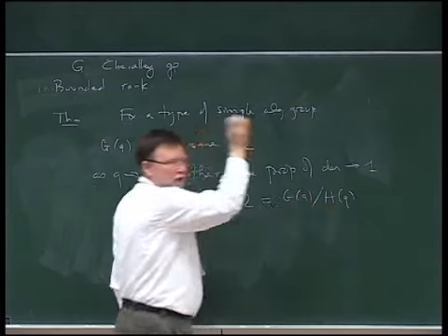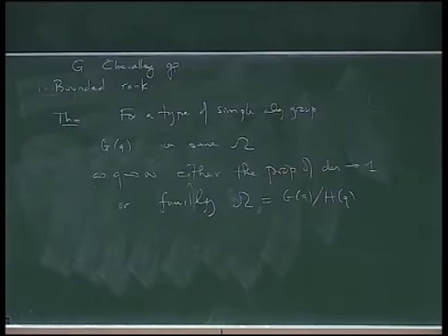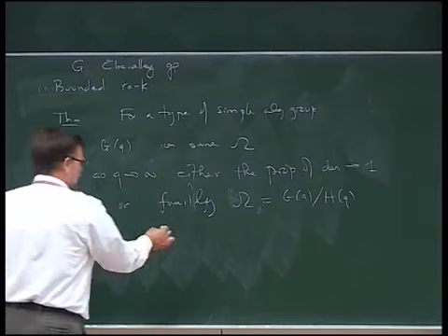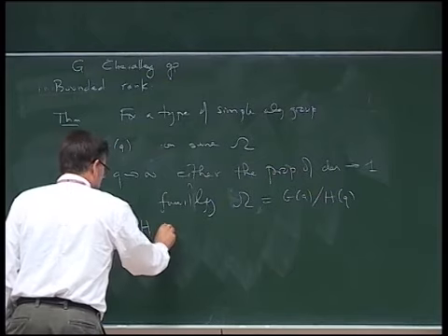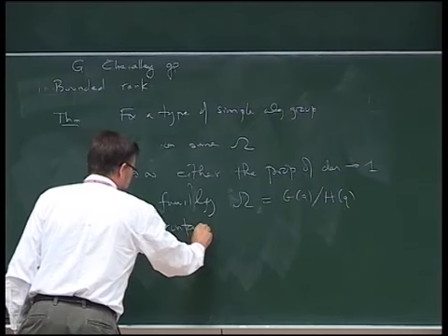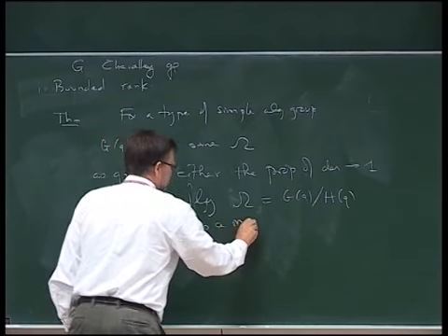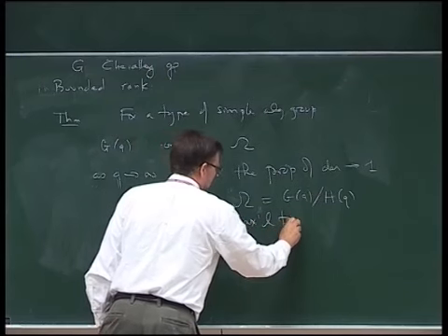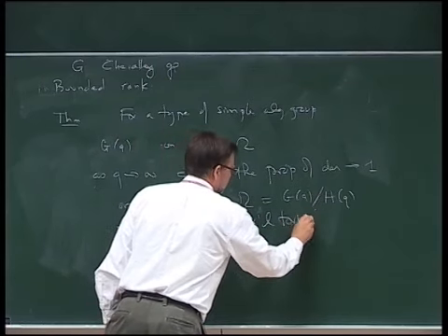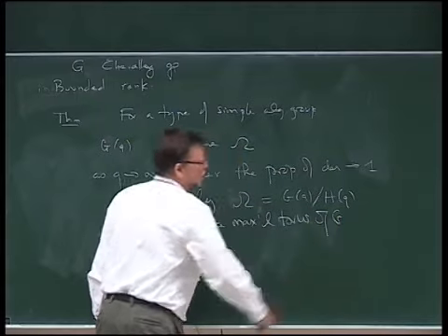So there's some algebraic group in the picture. You're taking, that's the isotropy group. And H contains the maximal torus, so it has the same rank.